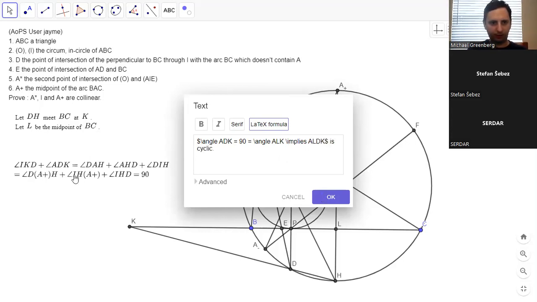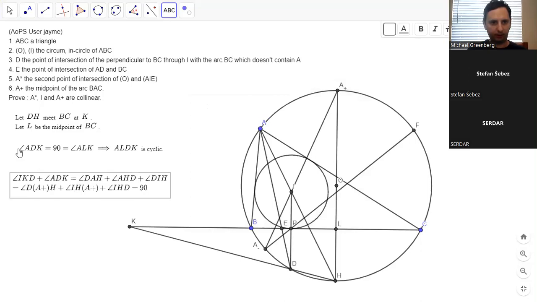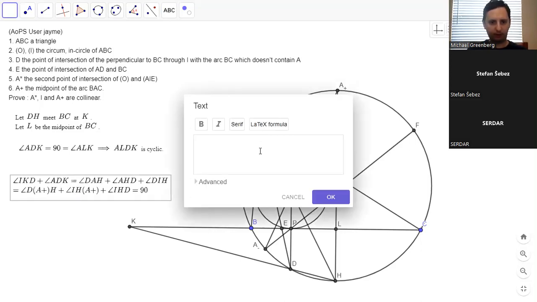And so HD times HK is HL times HA plus, which is HB squared, which is HI squared.